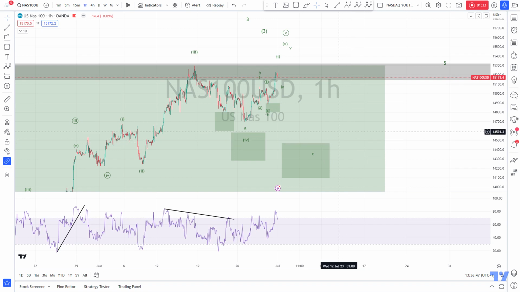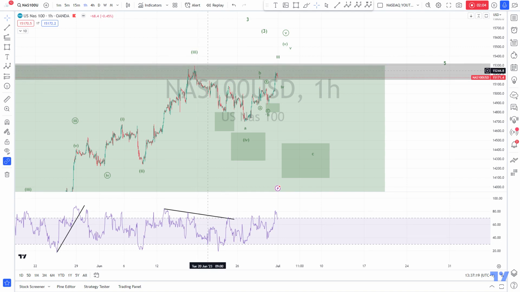So I will start with the Nasdaq. So here we have the 1 hour graph of the Nasdaq. Everybody who is watching my Nasdaq analysis on a daily basis should know that I said several times that we are at a crucial area for the Nasdaq, in the sense that we reached an upper boundary here of an area from where we can reverse.